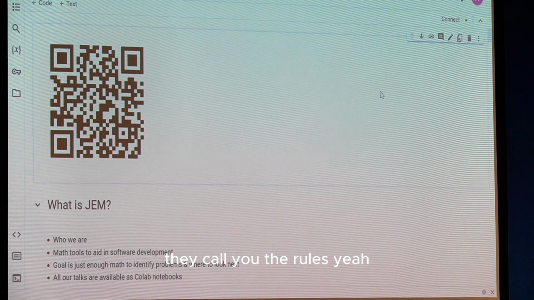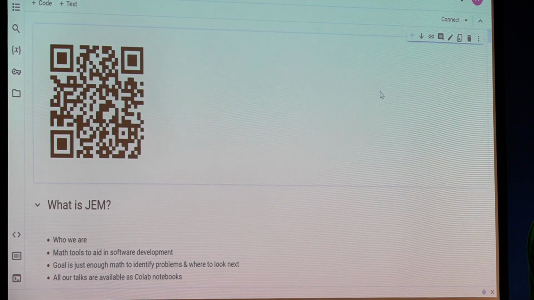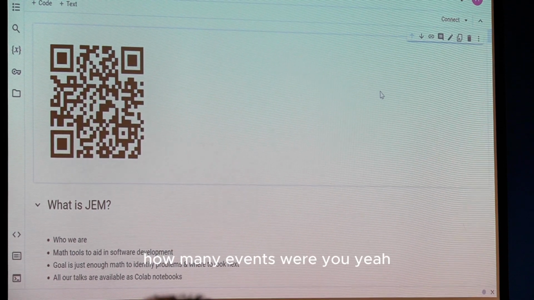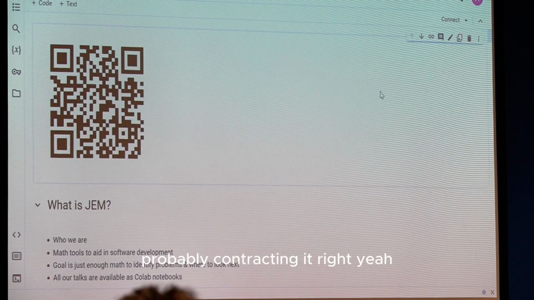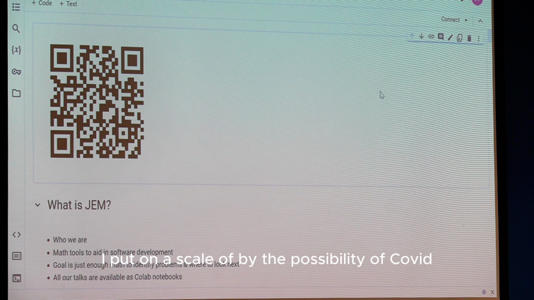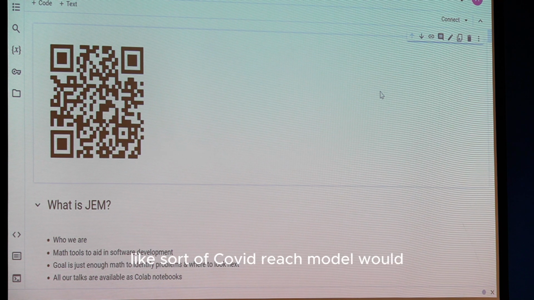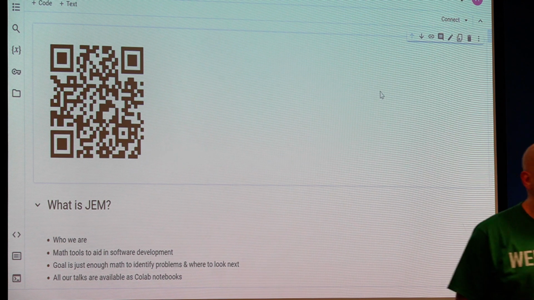That'll impact the probability. And how many events were you at? Of course you want to scale up by the possibility of COVID. You probably did a sort of COVID reach model. Anyway, that's another good one.